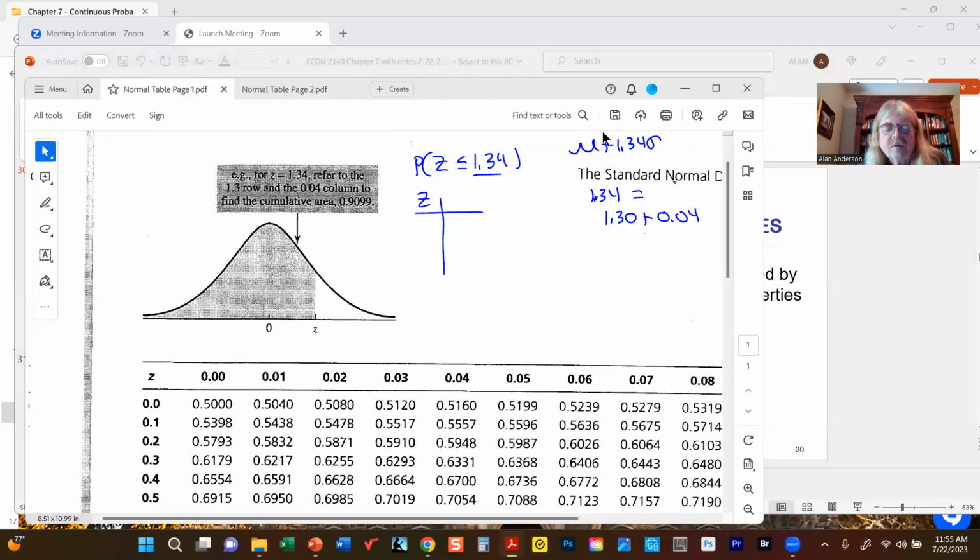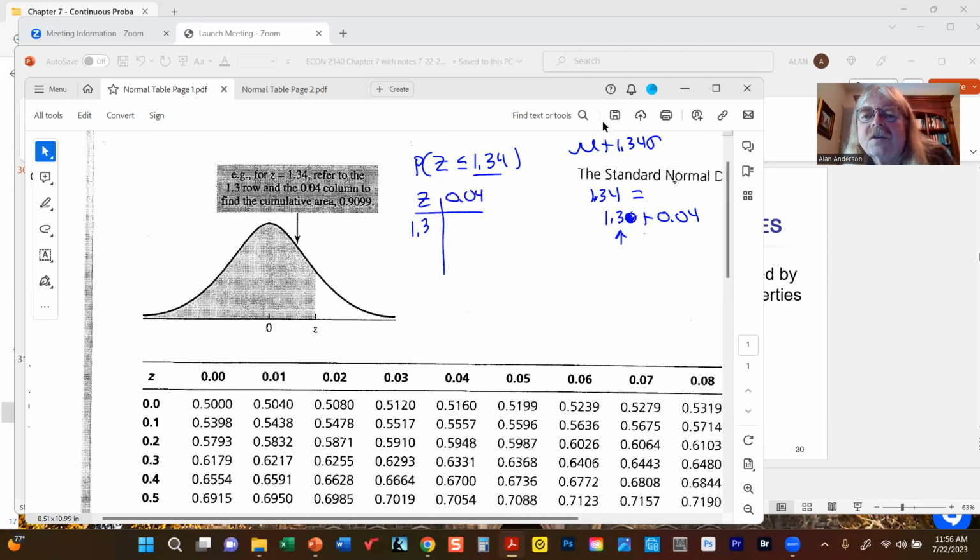Forget that 0 there. It should just be the 1.3 plus the 0.04. That's the way they've set it up.